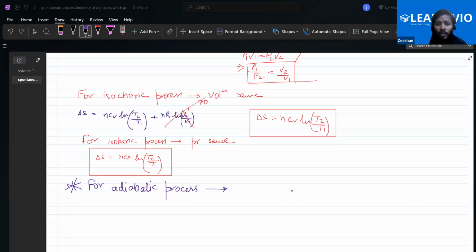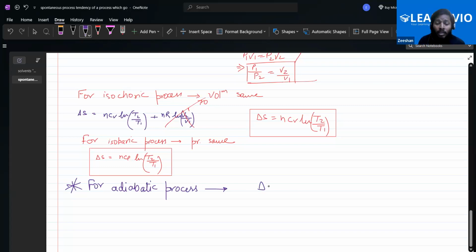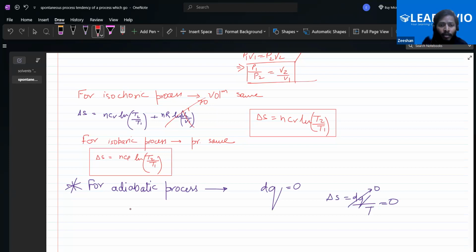For adiabatic, heat is neither taken nor given. There is no heat exchange, right? So dq is 0. Since delta S is dq by T, this will become 0. Got my point? So you don't have to do anything here. Here the entropy change is 0.